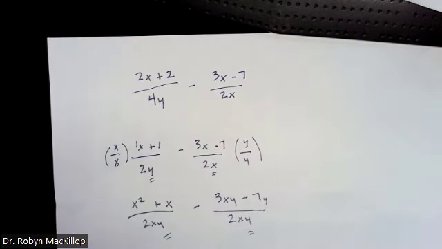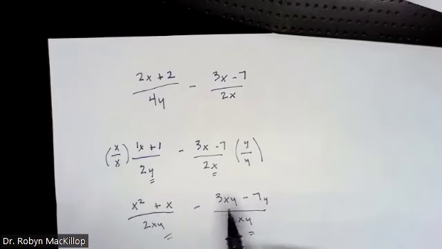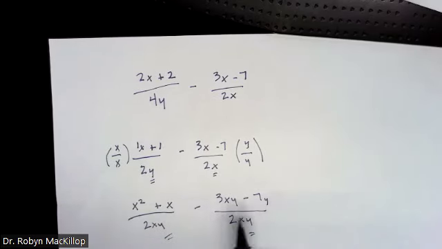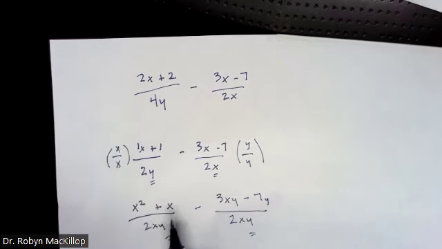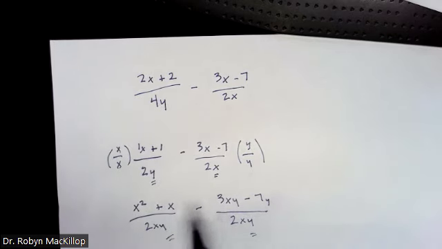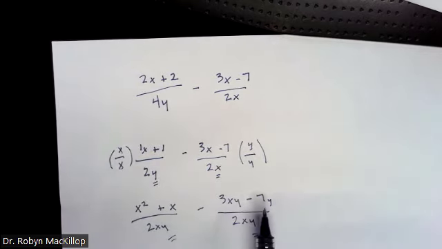When you look at this problem, you can't add these. You can't add either of these to these because the variables have to match. You could only add a number with an x squared to this one. You could only add a number with a plain x. You could only add or subtract a number with xy, and you could only add or subtract a number with y.